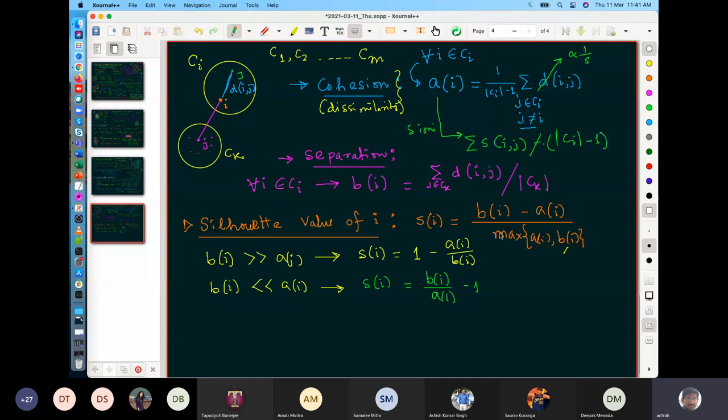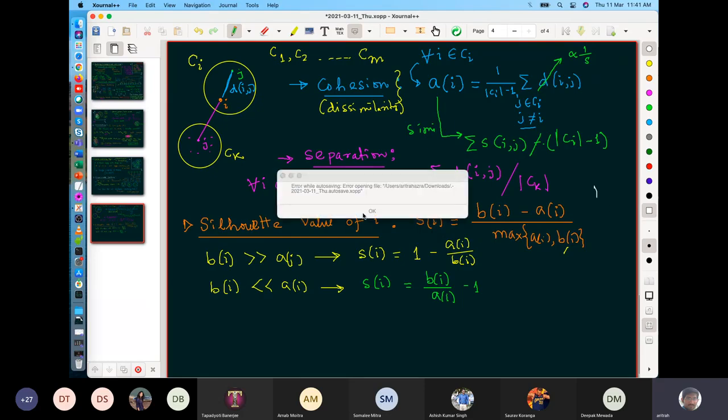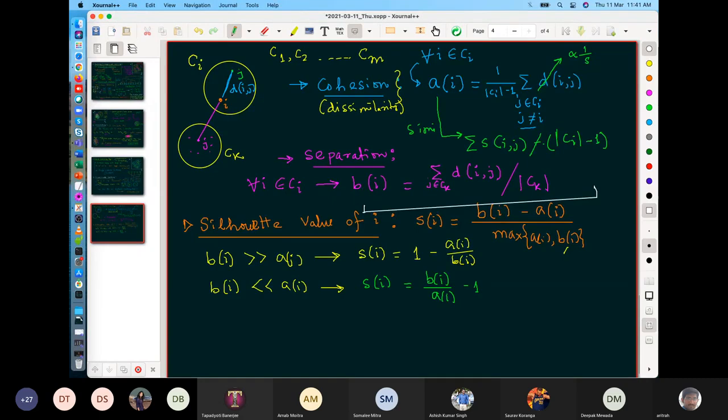And in the other case where I have only one point, there is no point in measuring distance. So when C_i is equal to 1, then obviously I say my S_i equals 0.